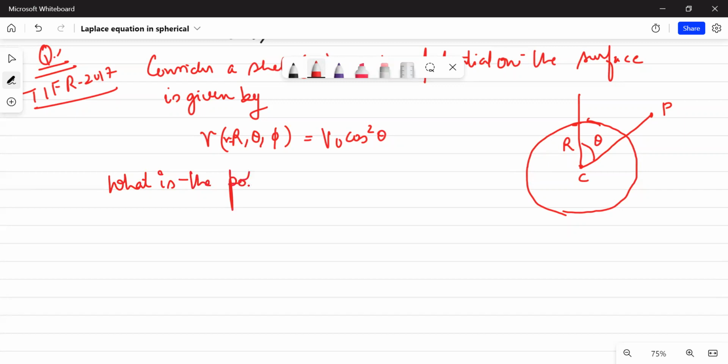Then it is written, what is the potential outside the shell at P, which is 2R away from the center.